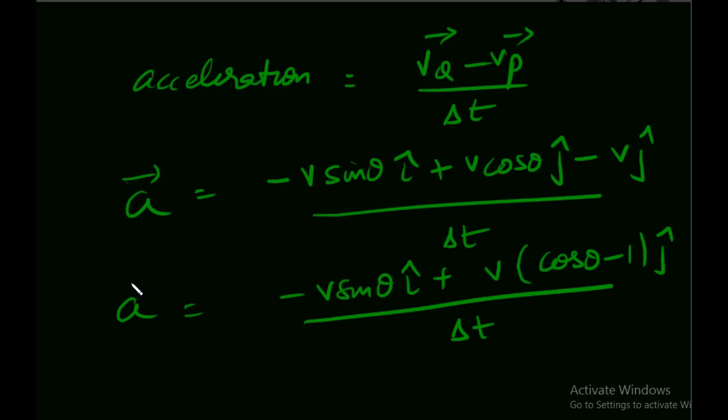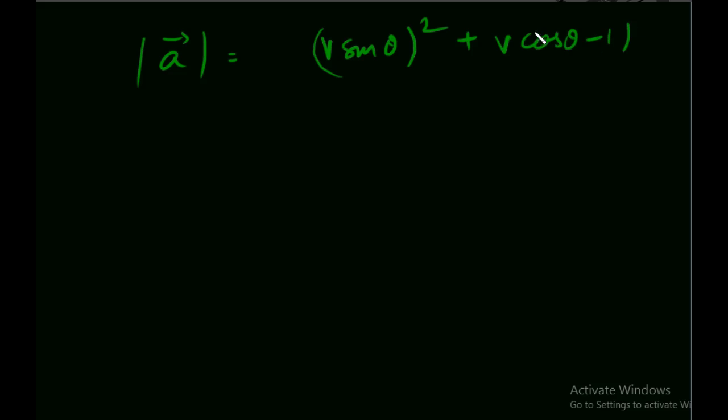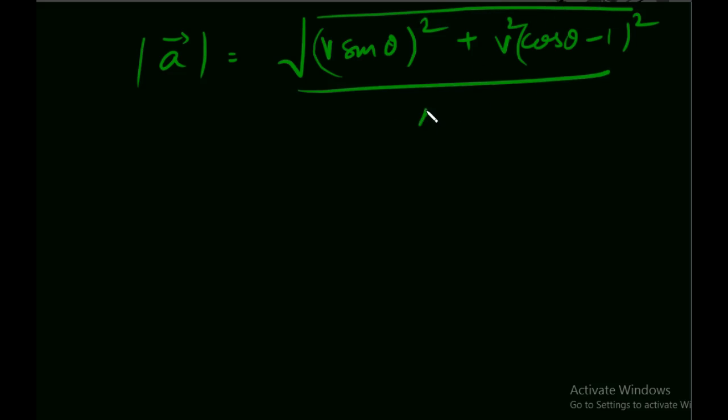This is the vectorial acceleration. We have not taken the magnitude right now. Now we are going to take the magnitude. So A magnitude will be equal to root of (V sine theta) whole square plus (V cos theta minus V) whole square, divided by delta t.